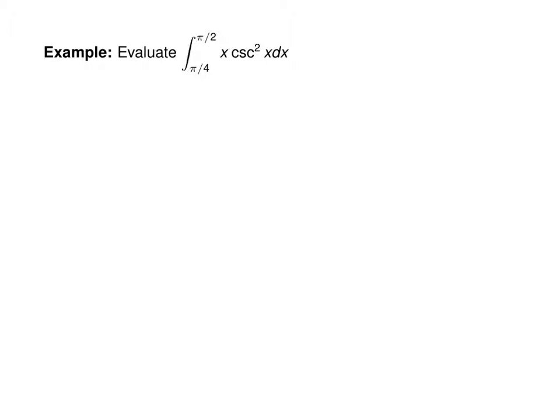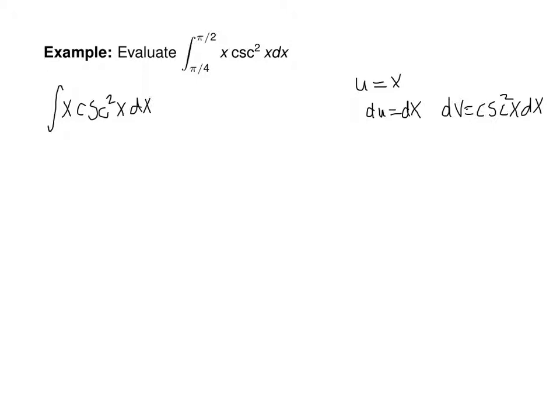To evaluate this definite integral, what I'm going to first do is find an indefinite integral just to get an antiderivative. So we're going to antidifferentiate x cosecant squared x dx. Now, probably going to want to let u equal x. So du is equal to dx. Now, if we let dv equal cosecant squared x dx, you have to remember that you actually know how to antidifferentiate cosecant squared dx.